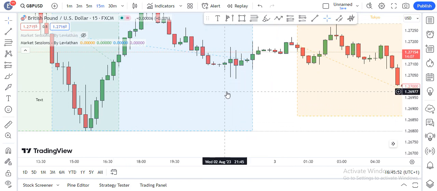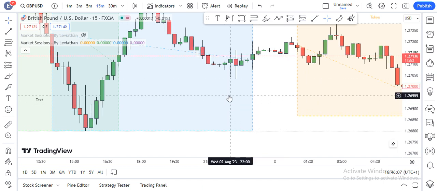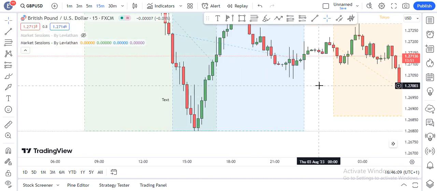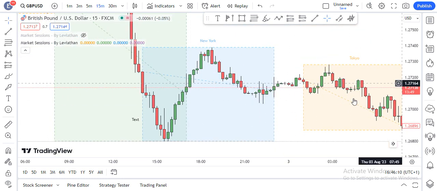In structure, you're going to hear the terms uptrend and downtrend. An uptrending market is a market that keeps making higher prices, and a downtrending market is a market that keeps making lower prices. In a downtrending market, we're going to have what we call lower highs and lower lows.